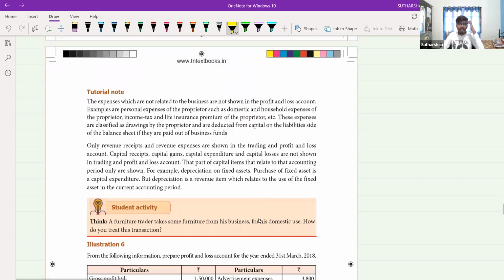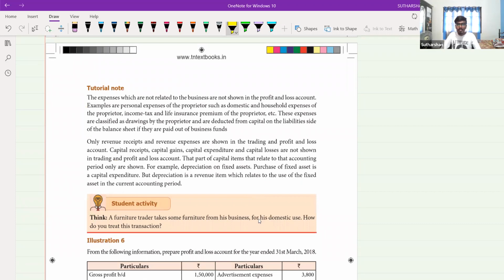Okay, the expenses which are not related to the business are not shown in the profit and loss account. Make a statement: personal expenses will not be shown. Examples of personal expenses of the proprietor, such as domestic and household expenses.